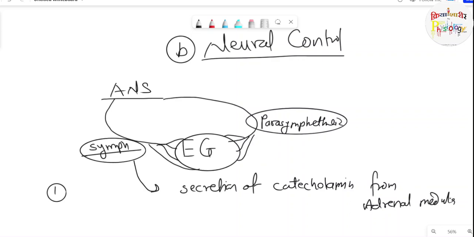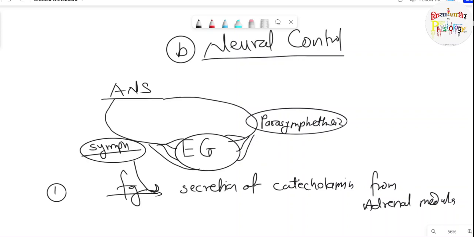The adrenal medulla gets innervation from sympathetic and parasympathetic. When sympathetic innervation to adrenal medulla gets stimulated, it leads to increase in secretion of catecholamines. This is an example of neural control.